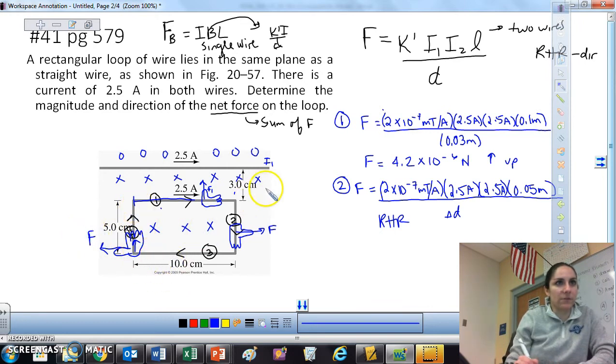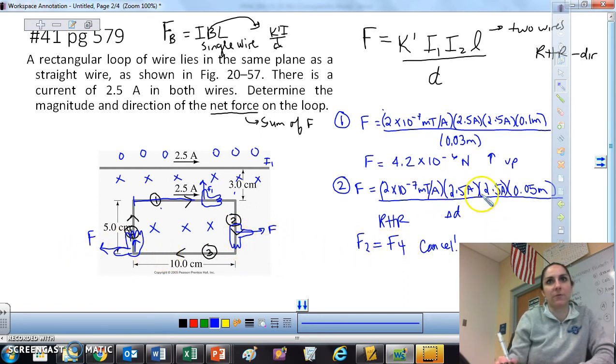Now since all of this is identical, my force 2 is going to be equal to my force 4. In other words, they're going to cancel. Regardless of what these values are, it doesn't matter because I have one pulling this way, one pulling that way with the same information.